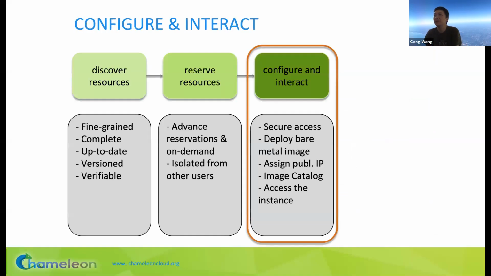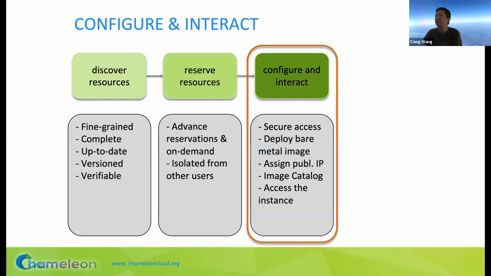So once the reservation has been created, you can configure your nodes and interact with the nodes. Chameleon will provide secure access to the nodes, and you can deploy the bare metal image on the nodes with your selected operating system versions.